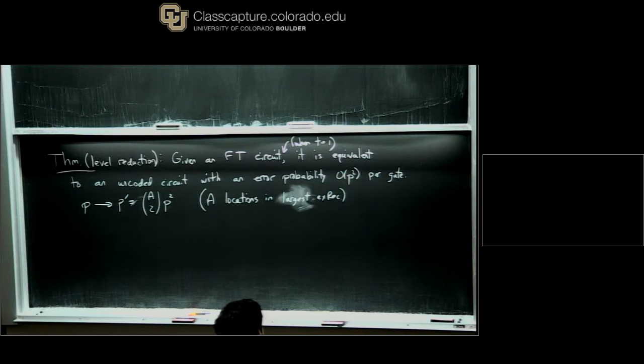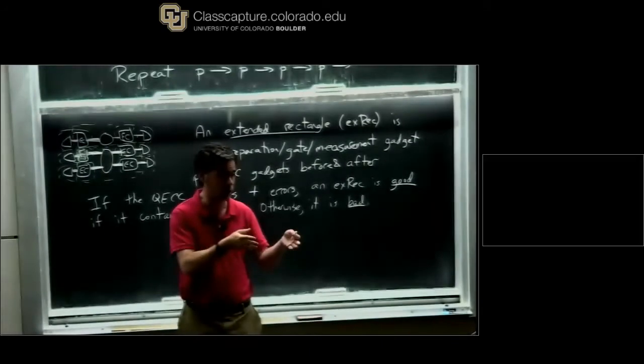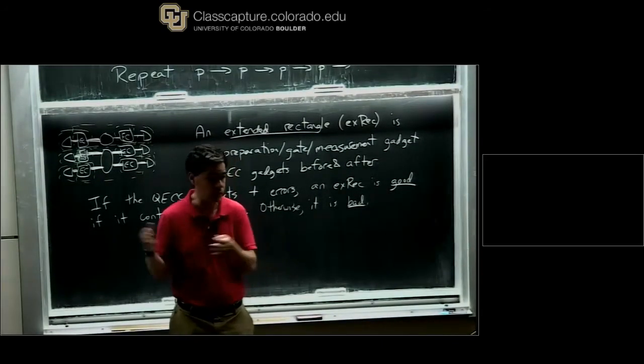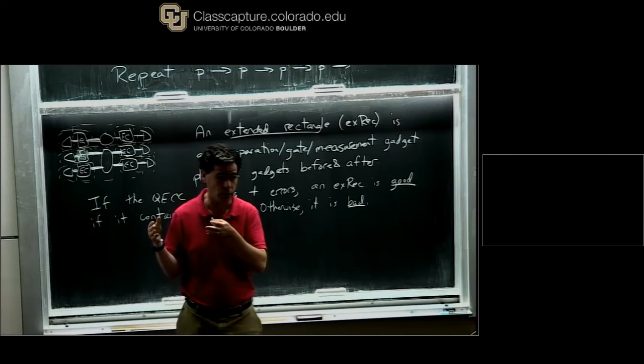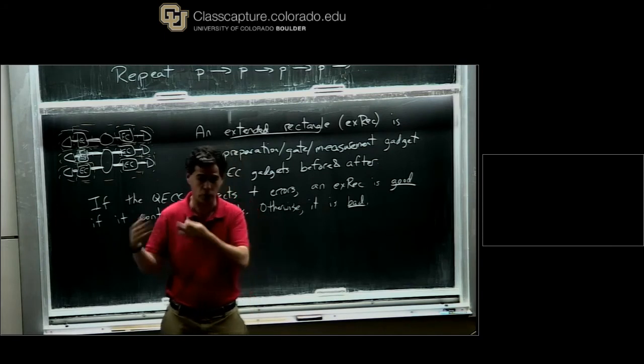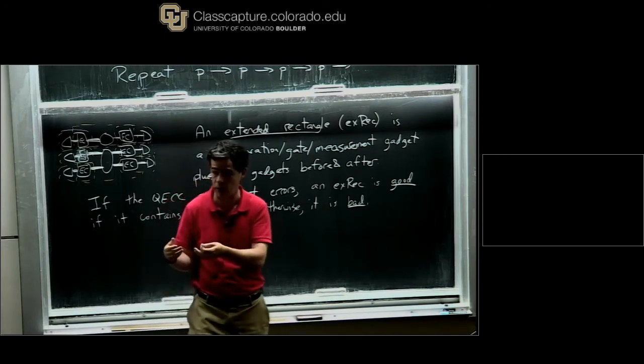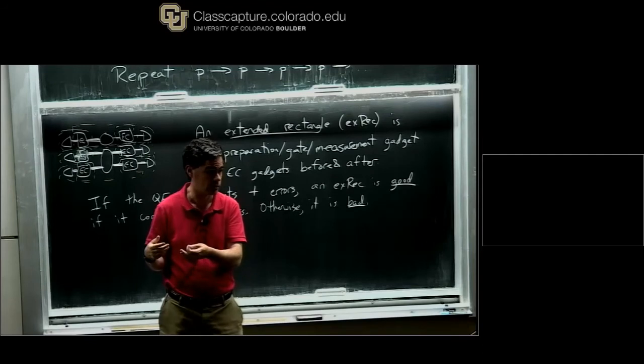So you might reasonably ask, we have this encoding procedure that takes some unencoded circuit with error rate p per location and turns it into an encoded circuit with, when p is small, a lower error rate per location. An encoded circuit that's equivalent to a circuit with a lower error rate per location.